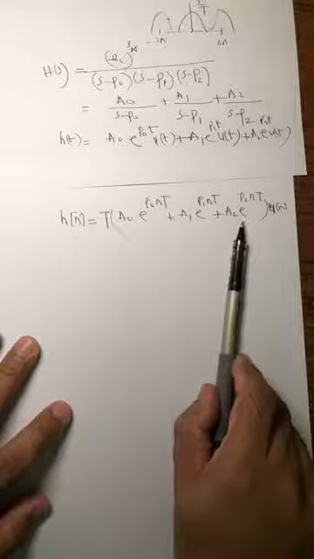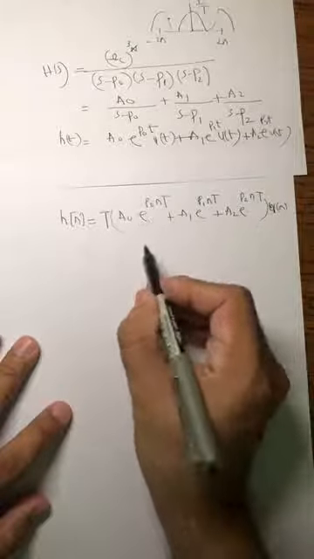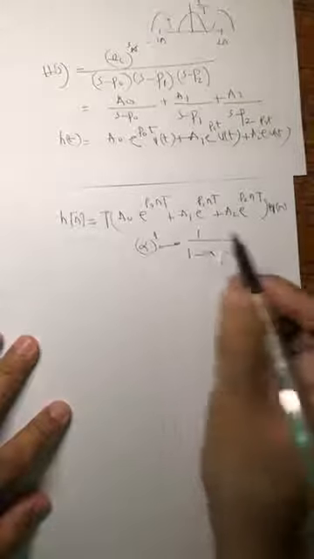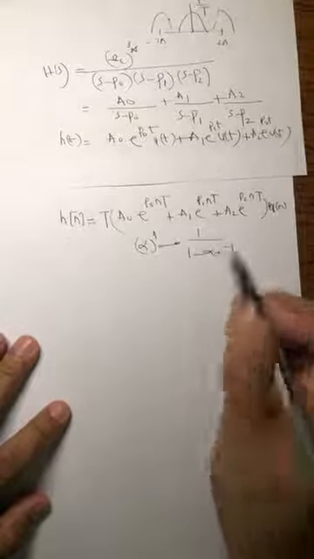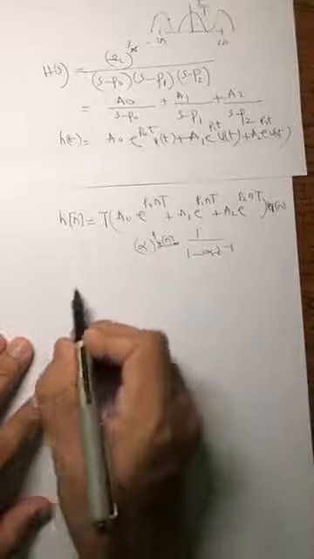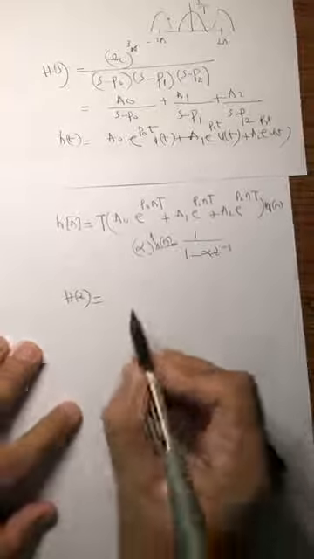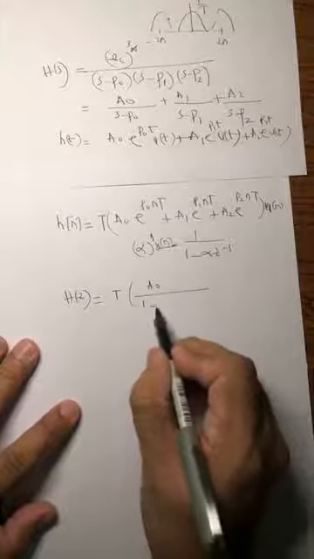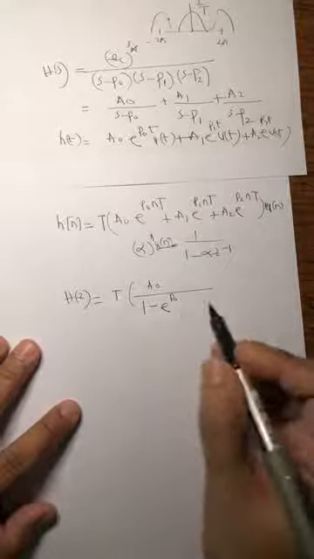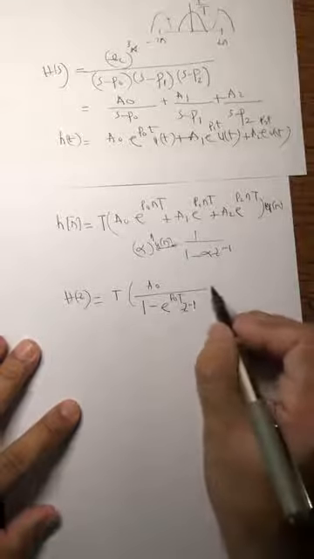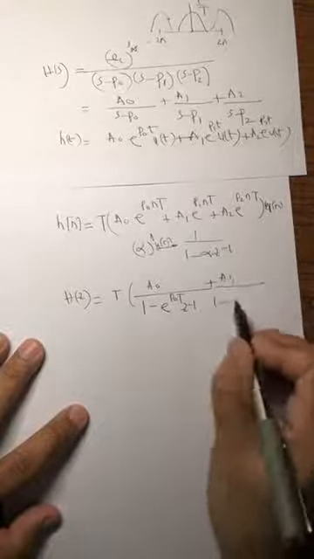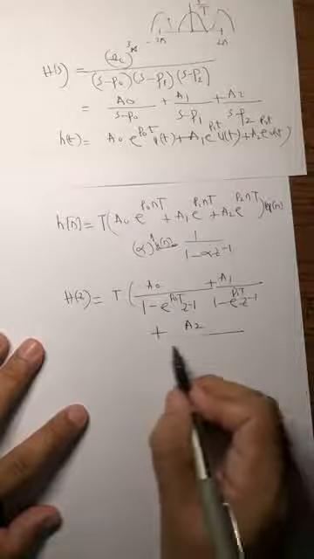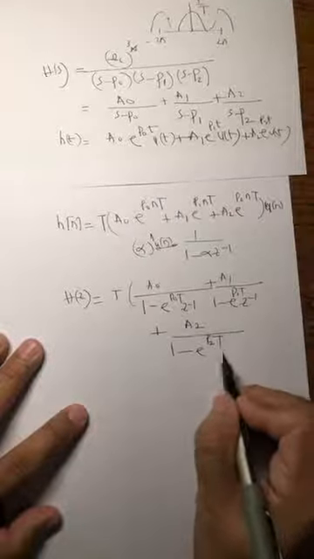If you look at this, each term is really alpha raised to the power n, and we know the Z transform is 1 over 1 minus alpha Z inverse. So h of Z becomes T A0 over 1 minus exponential P0 T Z inverse, plus A1 over 1 minus exponential P1 T Z inverse, plus A2 over 1 minus exponential P2 T Z inverse.